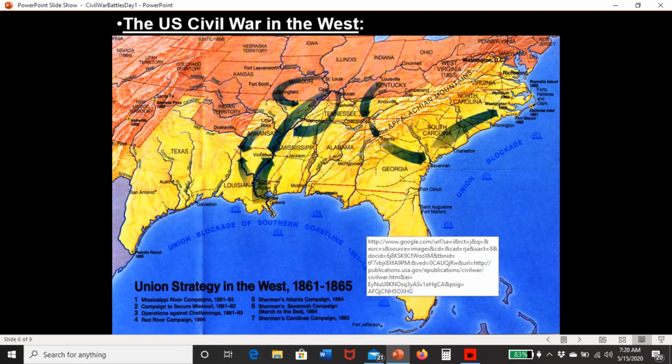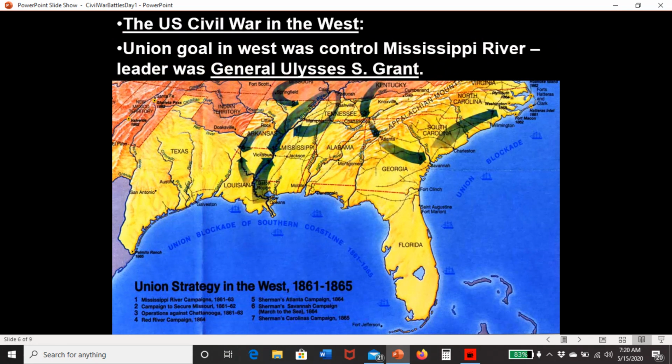We're going to look at fighting out in the West, and we'll wrap this up here in a bit. So with the fighting going on in the East, with the Army of the Potomac being led by McClellan, Ulysses S. Grant, or General Grant, is going to make his way to the Mississippi Valley.